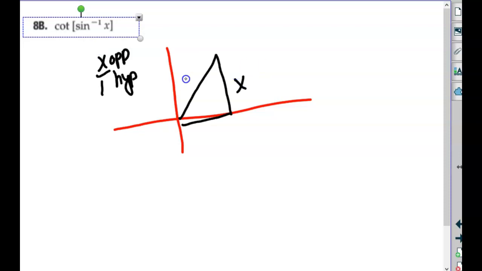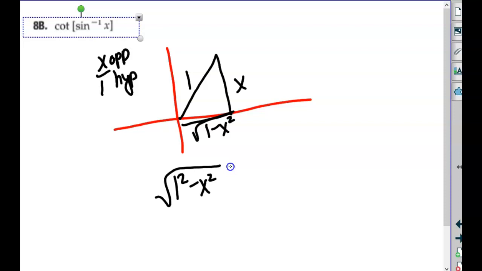So the x goes here and the 1 goes here. So to find this leg, anybody tell me what we're going to do? 1 squared minus x squared, and then square root, which will simplify to just the square root of 1 minus x squared.